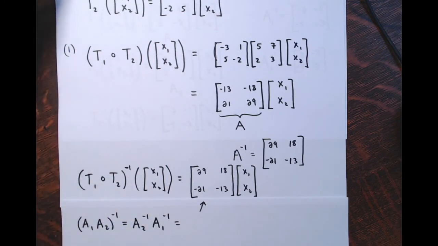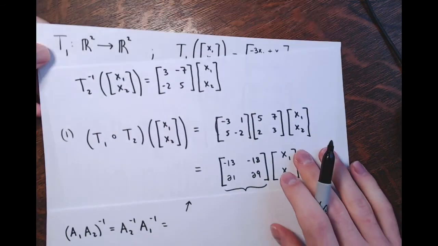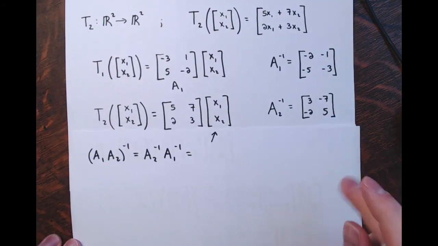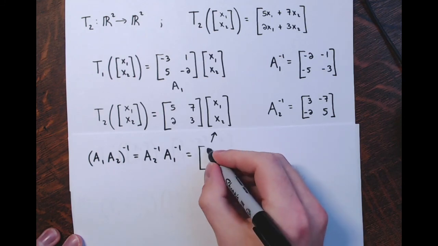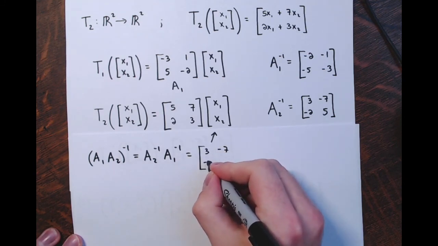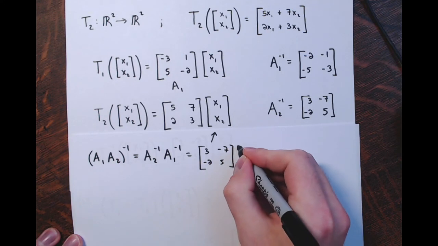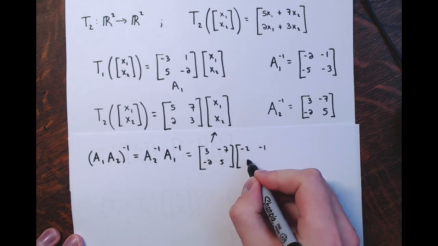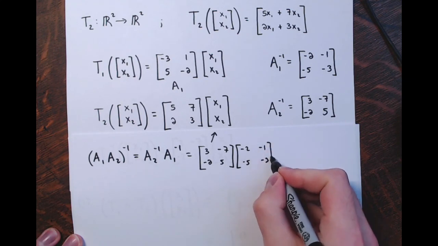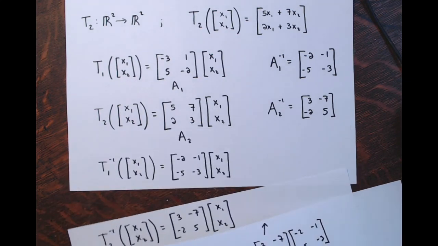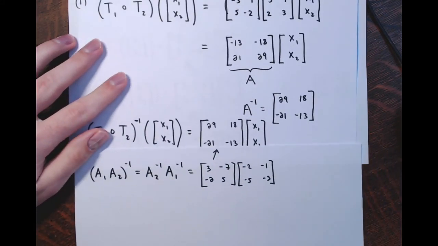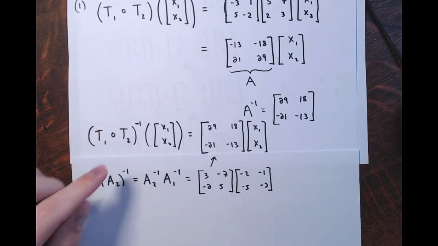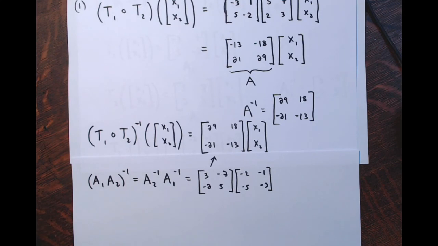Let's see. A2 inverse that I had earlier was this: 3, -7, -2, 5. And then A1 inverse, -2, -1, -5, -3. Let's see that that is actually equal to the standard matrix I found for T1 composed with T2 inverse.